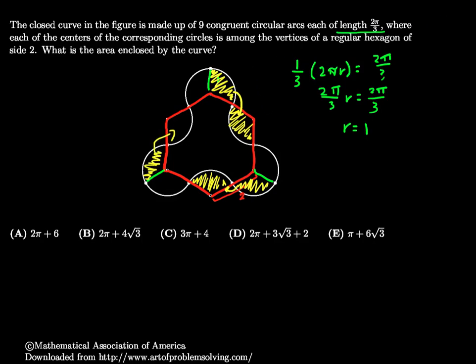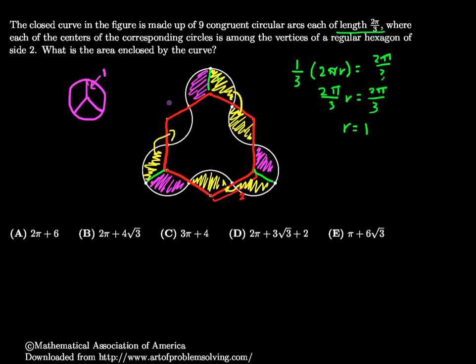And that's one piece, and these 3 remaining sectors, each of which are congruent, have a central angle of 120 apiece, so these 3 can combine to make one circle with radius 1.